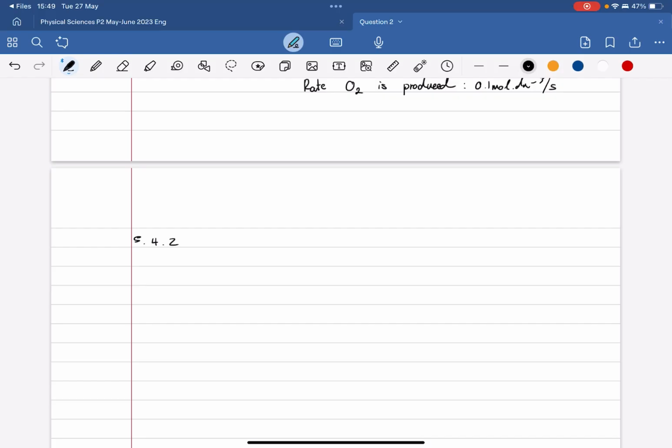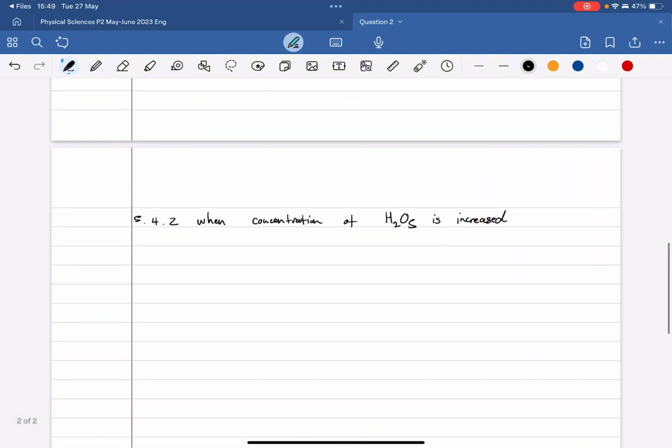So simply we say when concentration, and in our case we've got N2O5, is increased, so you increase the concentration, you've got more particles, right?